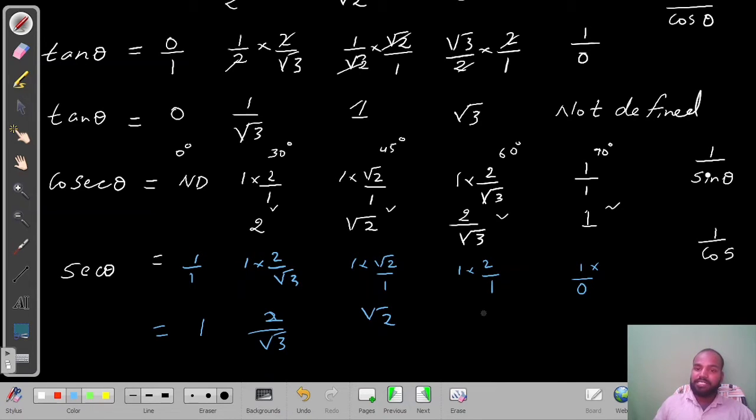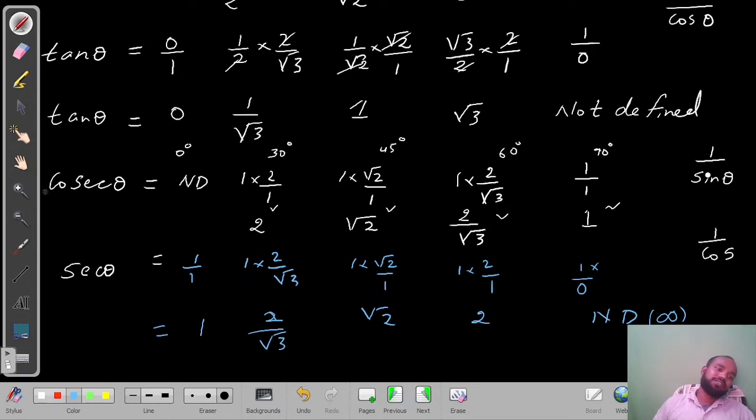Sec 60 is 2. Sec 90 is not defined. Yes, we can write it with the infinity symbol also. Somewhere we will see these symbols too. Infinity, not determined. So these are your sec values.